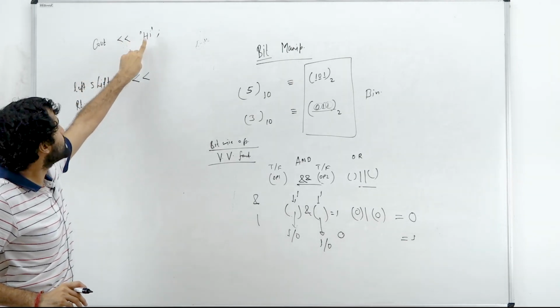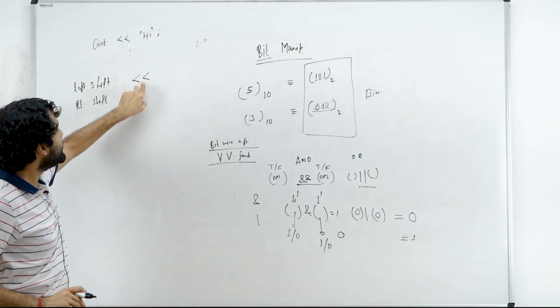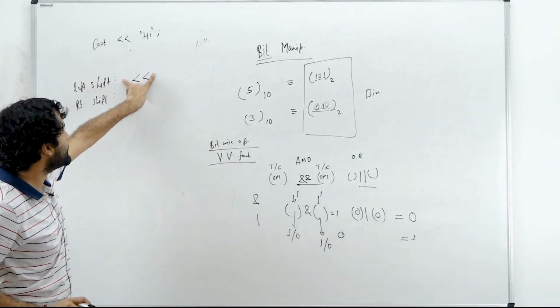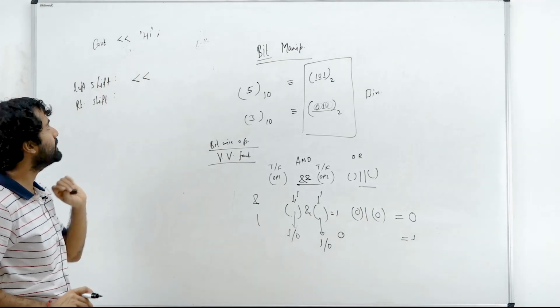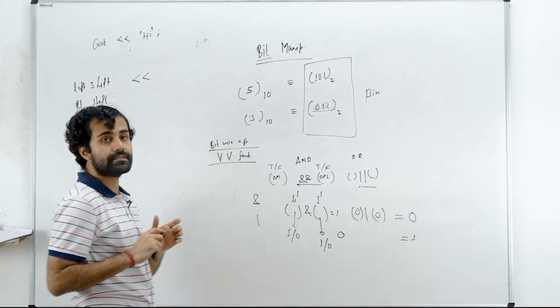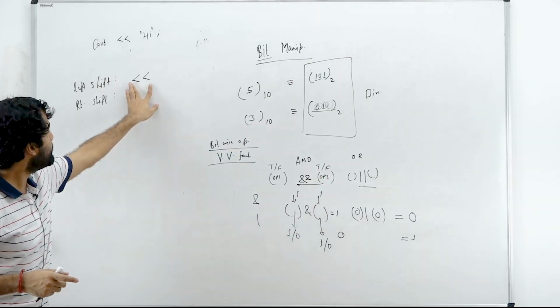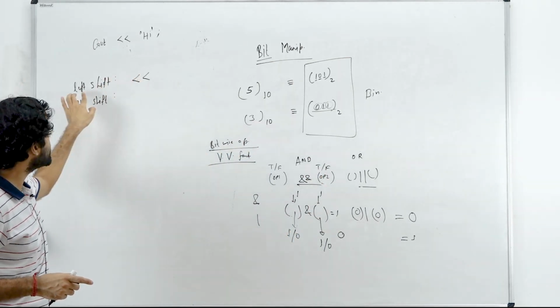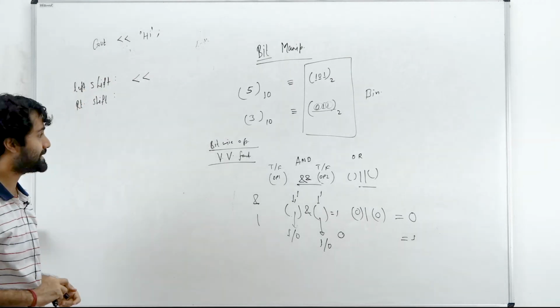Sometimes it means output when used with cout, and when it is used as a binary operator, that is when it has two operands associated with it, then it is thought of as something different, which is a left shift operator. So this symbol denotes this also, which is nothing but the left shift operation. I'll tell you what exactly the left shift operation is.